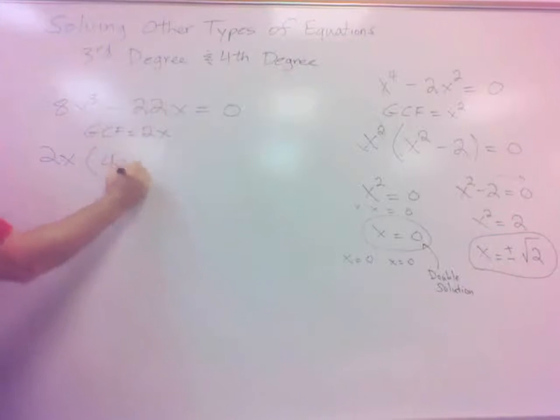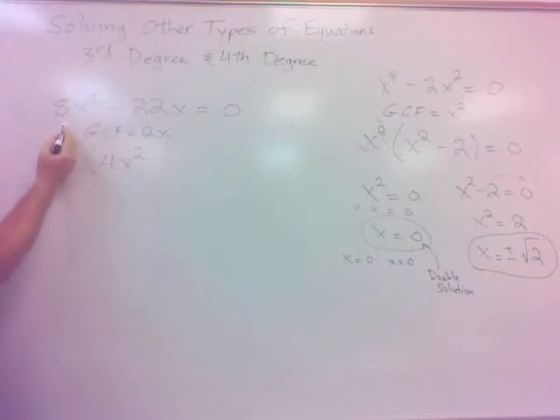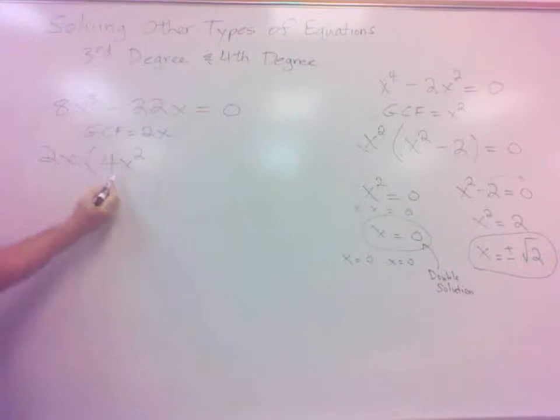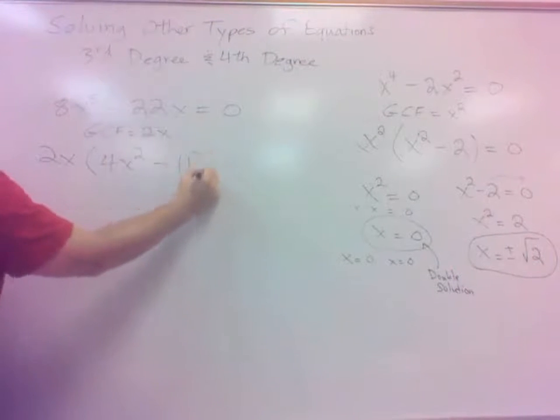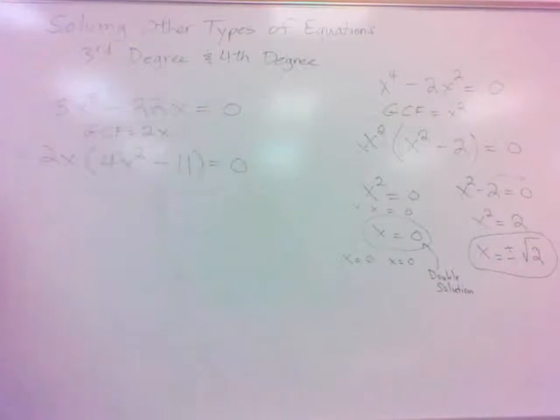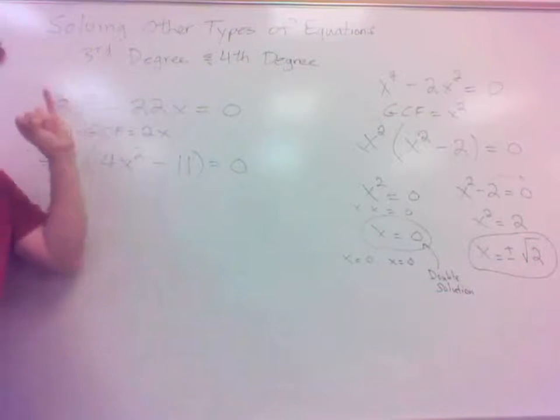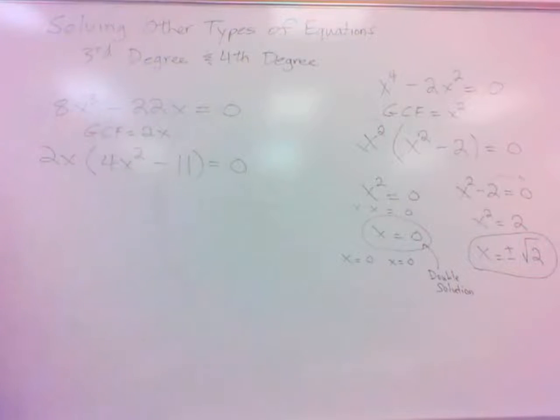And that'll give me 4x squared divided by 2x, so that'd be 4x squared, right? And then what? Minus 11 equals 0. Okay, but once again, this doesn't factor. The 4x squared minus 11 is just not going to factor.